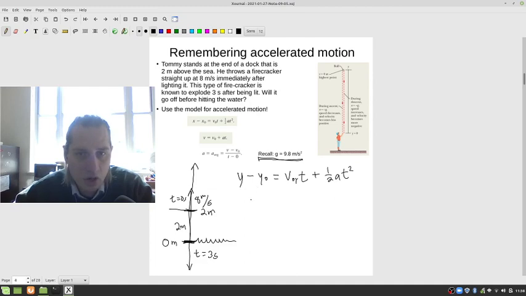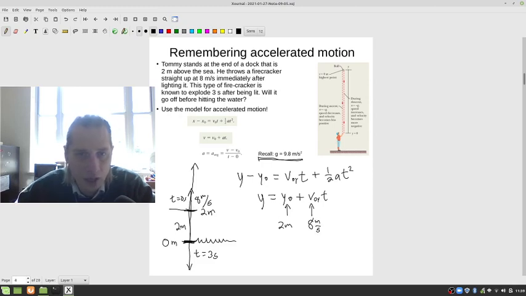If we wanted to find what y is at time t, we would use y naught, the position in y at time equals 0, so that would be 2 meters, plus v naught y times t. Well, our v naught y, it's going up at 8 meters per second at the very beginning.